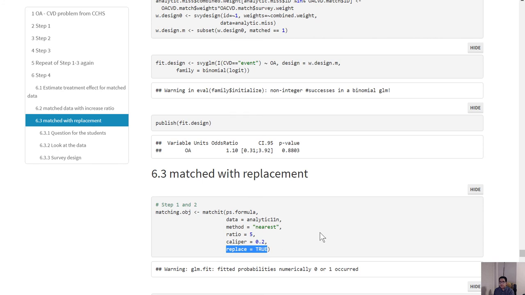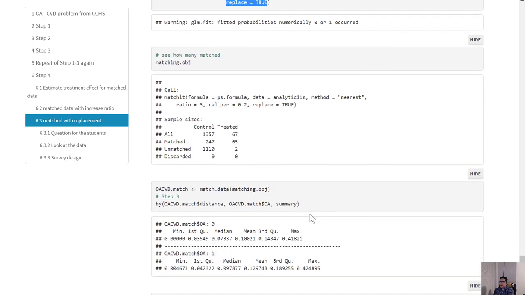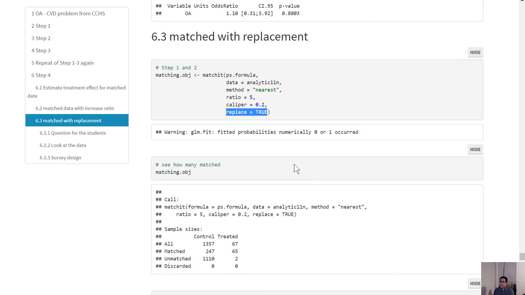matching with replacement. That means same control subject can be chosen for multiple treated subjects. And it was shown in the literature that if you do this with replacement, then there are some desirable statistical property.